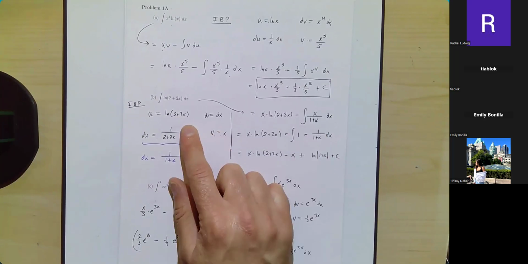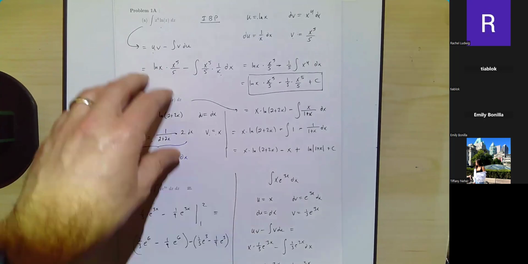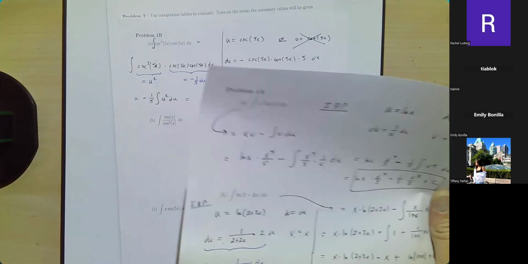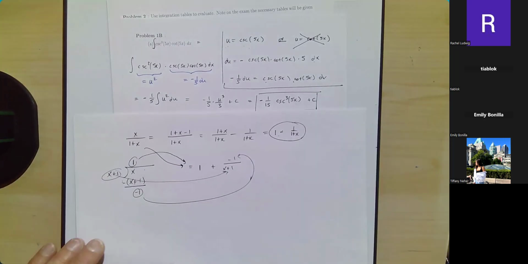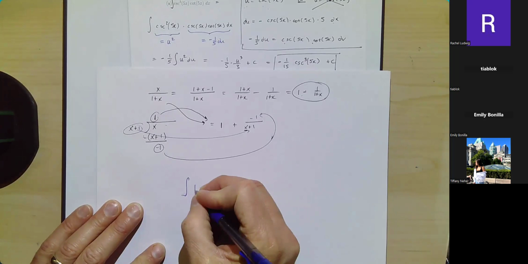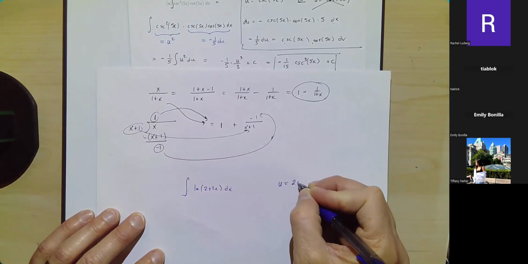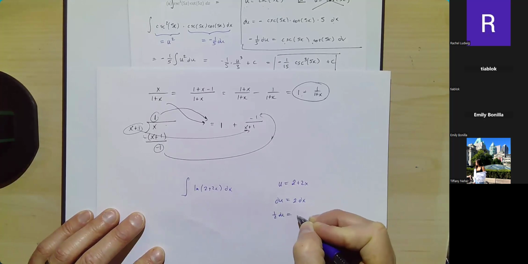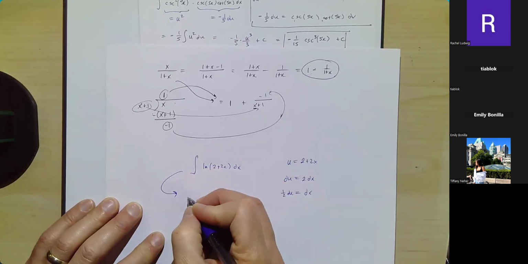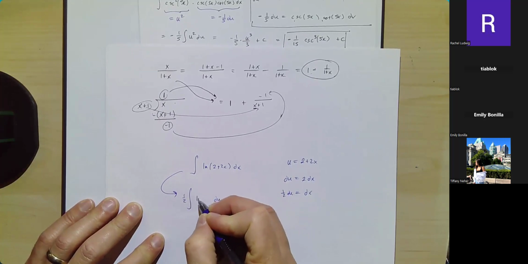Okay. So the original, you could actually start off with the u sub. It would be perfectly fine. It would have been acceptable in the beginning to say, if I have the integral of the natural log of 2 plus 2x, you totally could have done u equal to the insides here. du is 2 dx, 1/2 du is equal to just dx, and then rewritten this as the integral of 1/2 times the natural log of u du.